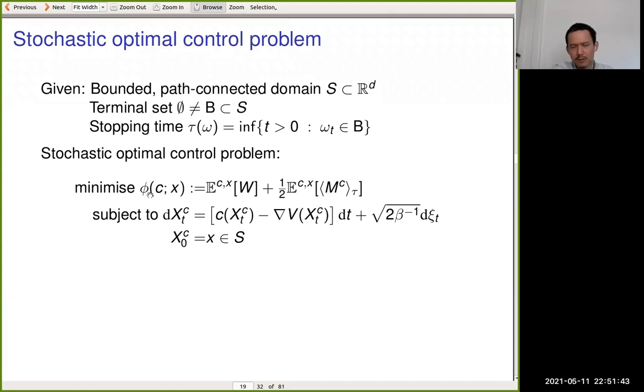What the results in the later slides show is that this map is strictly convex, or, if you want to say it, the functional phi is a strictly convex functional of C. And once you have a strictly convex functional of C, you can follow the gradient, which you've also shown. In fact, one can show that phi is Fréchet differentiable. But for the purposes of convexity, you only need Gâteaux differentiability. And this is established. Thank you.